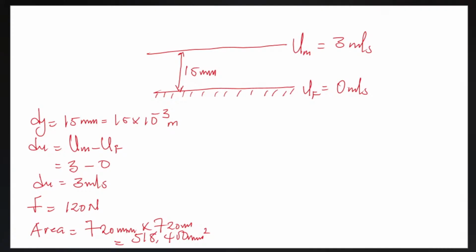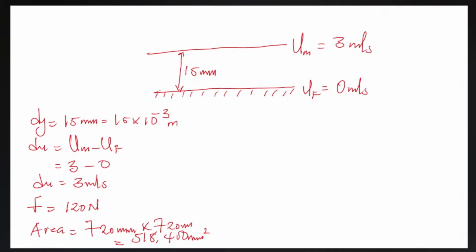So we input those values into this formula and get our dynamic viscosity. Your tau is 0.2315 Newton per meter square.